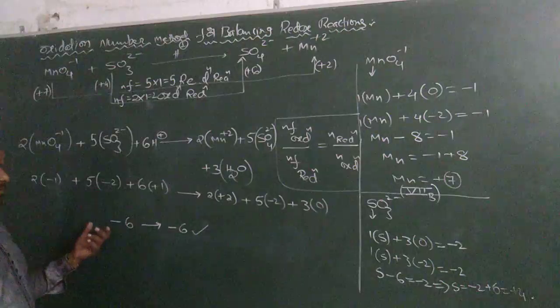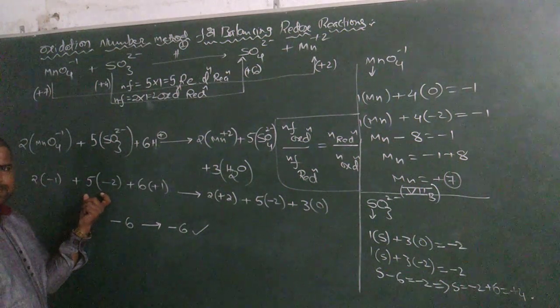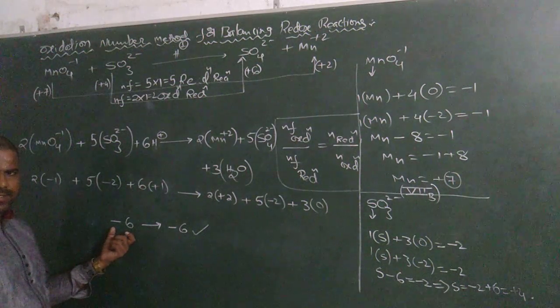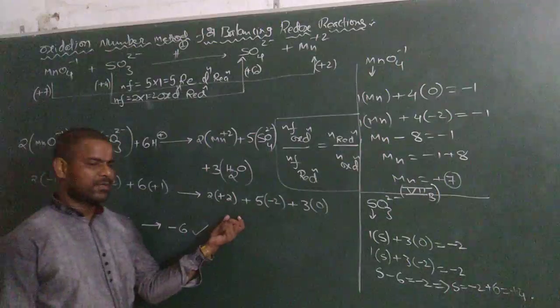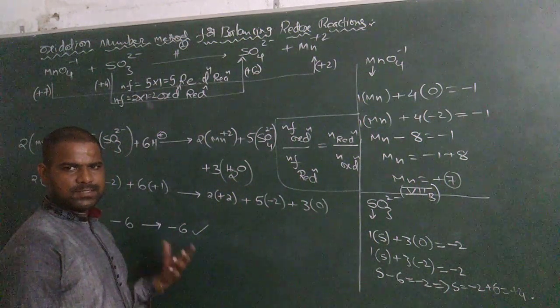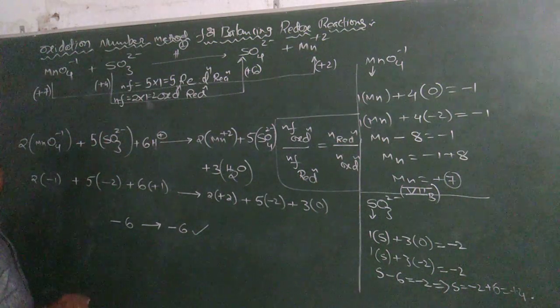So on the reactant side we have -2 plus 6 and -10, so simply -6 is the remainder on the reactant side. On the product side, +4 and -10, so -6 is the remainder. Charges are also balanced, and the complete equation is balanced here.